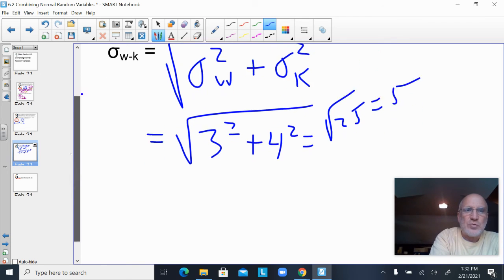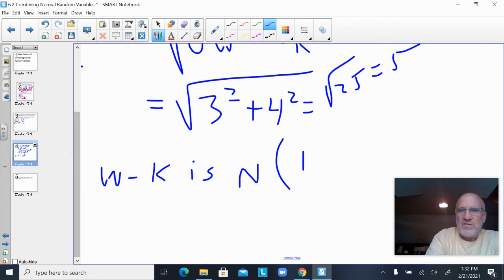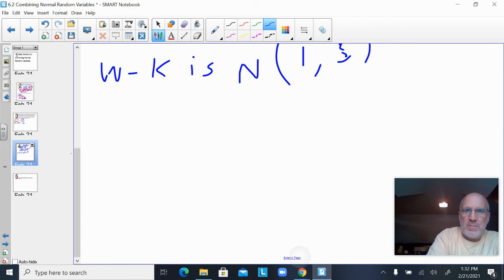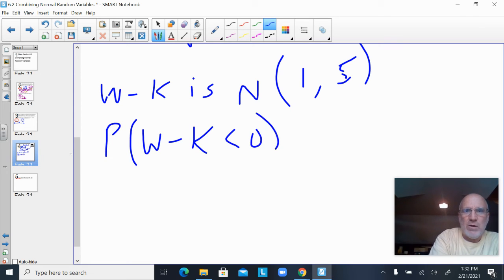So it turns out that this random variable, Wagner minus Knoll, W minus K, is normal with a mean of 1 and a standard deviation of 5. And now to find the probability that W minus K is less than 0, well, I have a normal distribution.